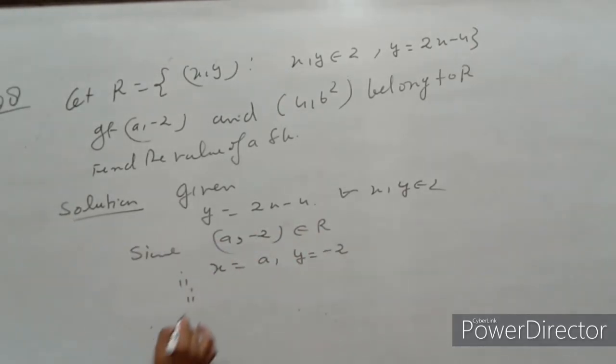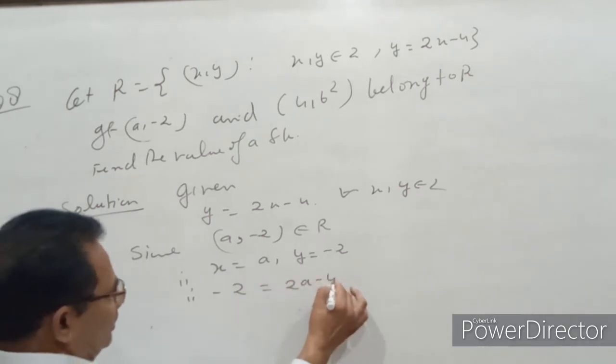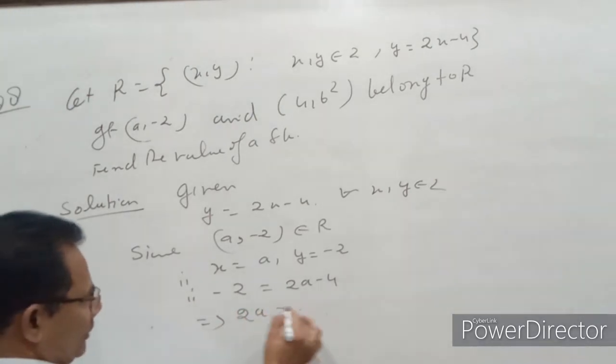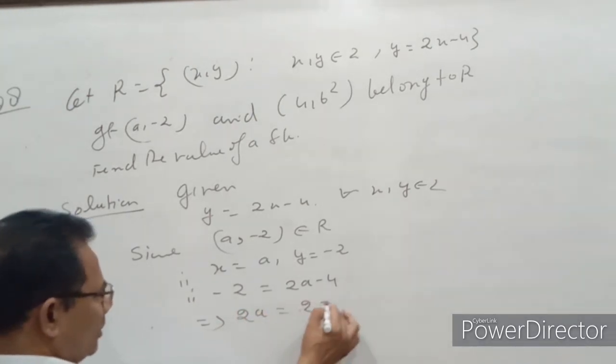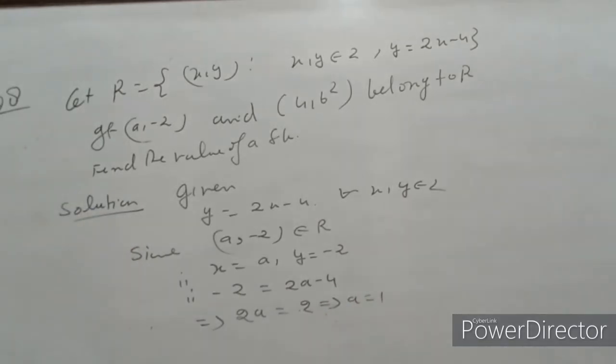Satisfying the equation: -2 is equal to 2a minus 4, or 2a is equal to 2, this implies that a is equal to 1.